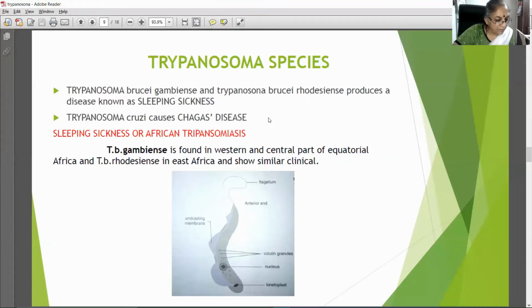So you see that it is a different geographical distribution where this parasite is seen. Gambiense is seen in the western and central equatorial part of Africa, and Rhodesiense is seen in the east part of Africa.